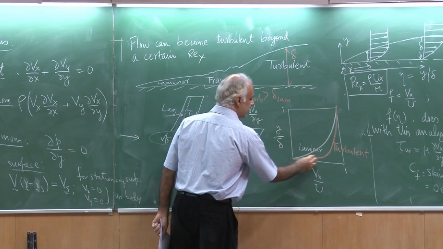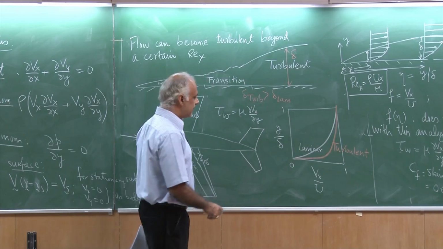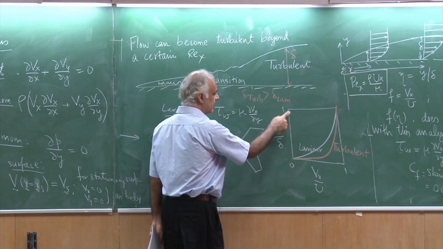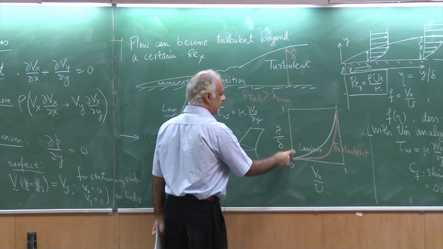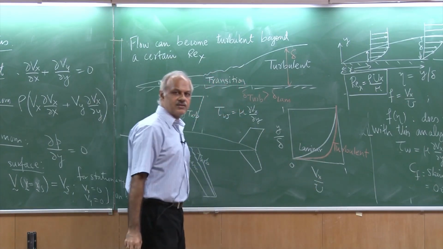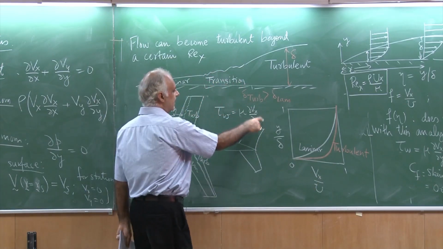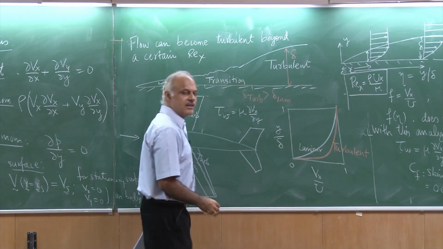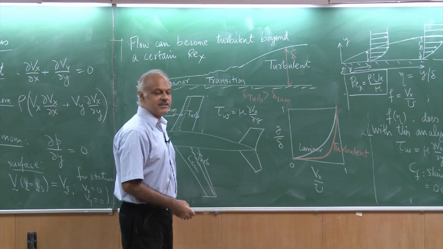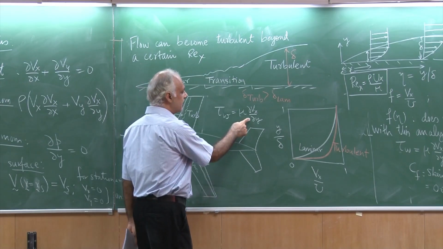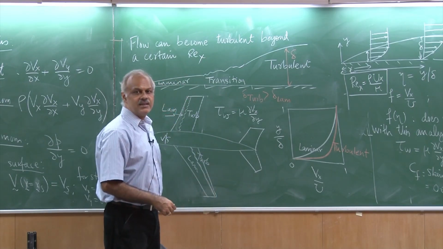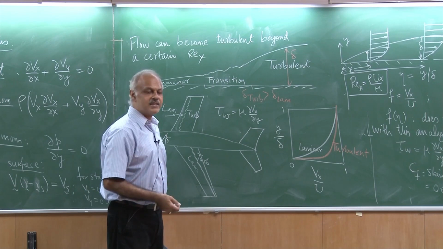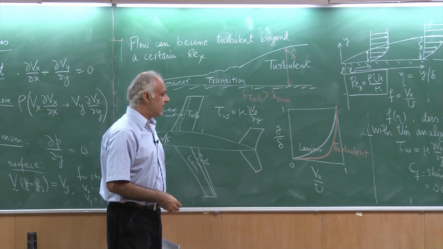This is much steeper. I must caution you, this is the distance and this is the speed. So be careful when you calculate del Vx by del y. So this is much steeper profile, so it has a much larger gradient. Therefore the skin friction because of a turbulent boundary layer is expected to be much larger than the skin friction for a laminar boundary layer.